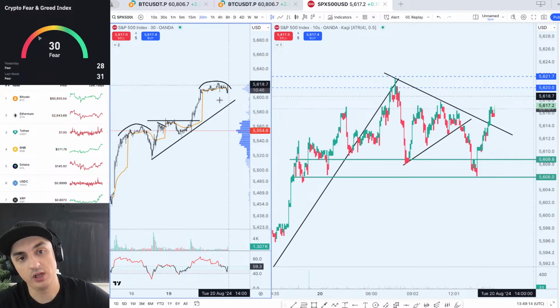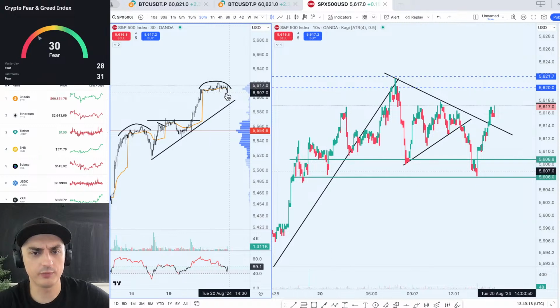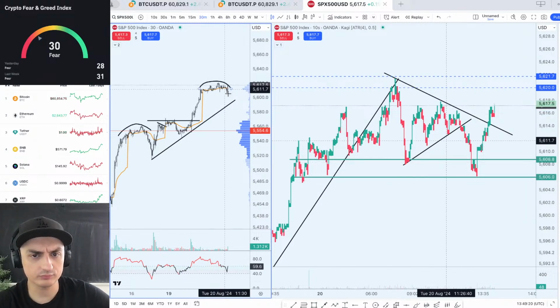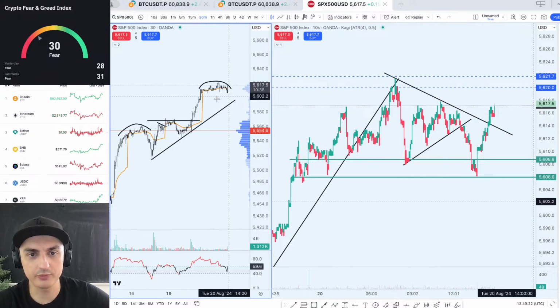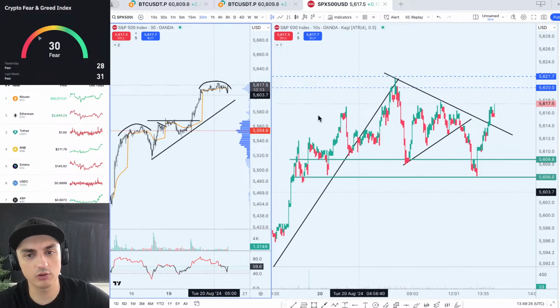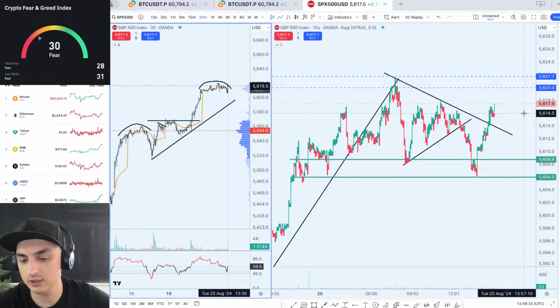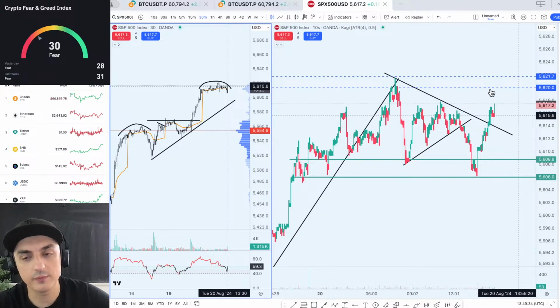We failed from the push to the downside. That's proving that, okay, 5600 is kind of strong, at least for now. It's still holding over there. And yeah, it could go to 5620, and if it breaks out from 5620, that's going to be an awesome trade to the upside.